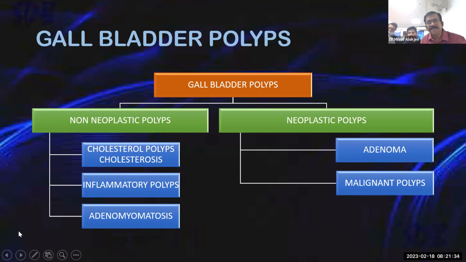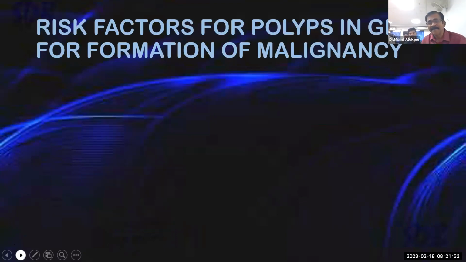Yes, a neoplastic polyp is a risk factor for development of gallbladder malignancy. These polyps are likely to undergo change, and size, you are talking of 10 millimeter, is the borderline where you suspect it might turn malignant.